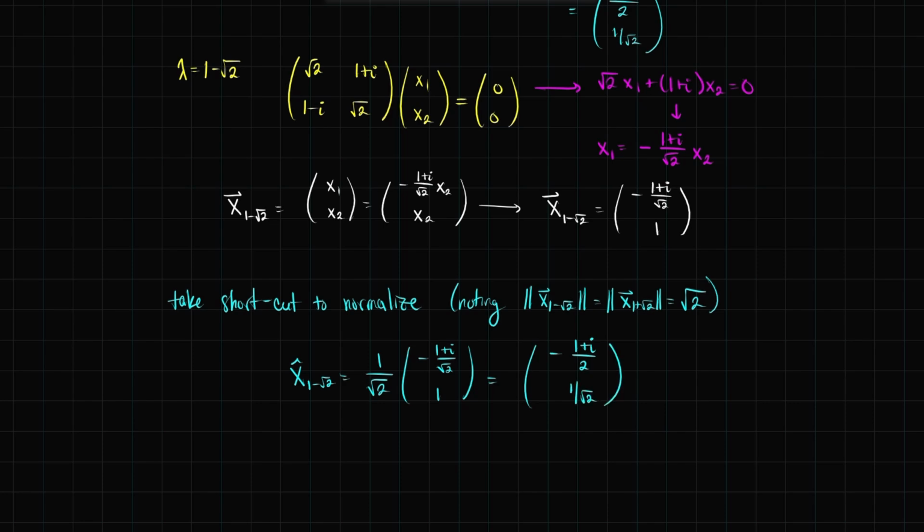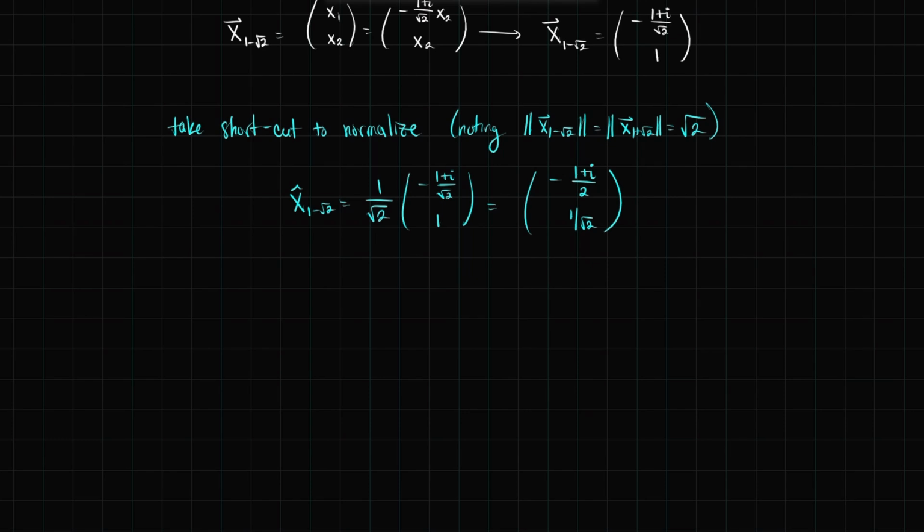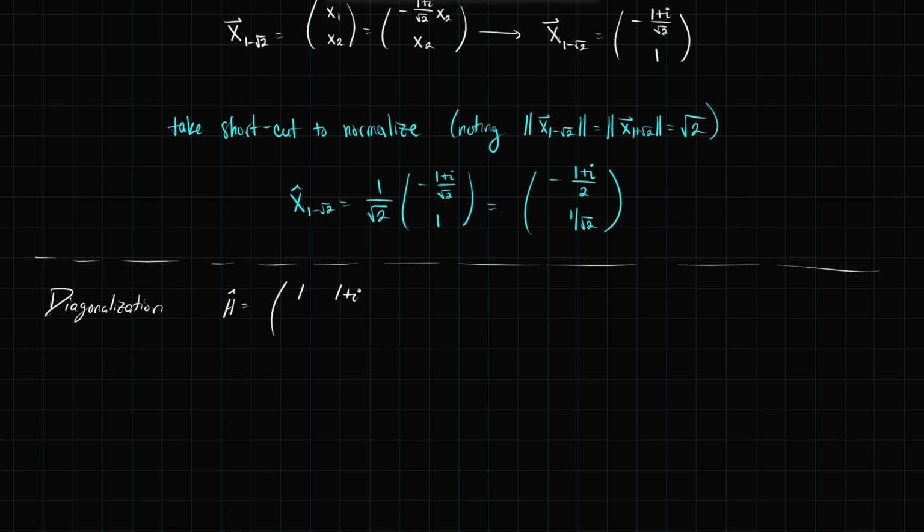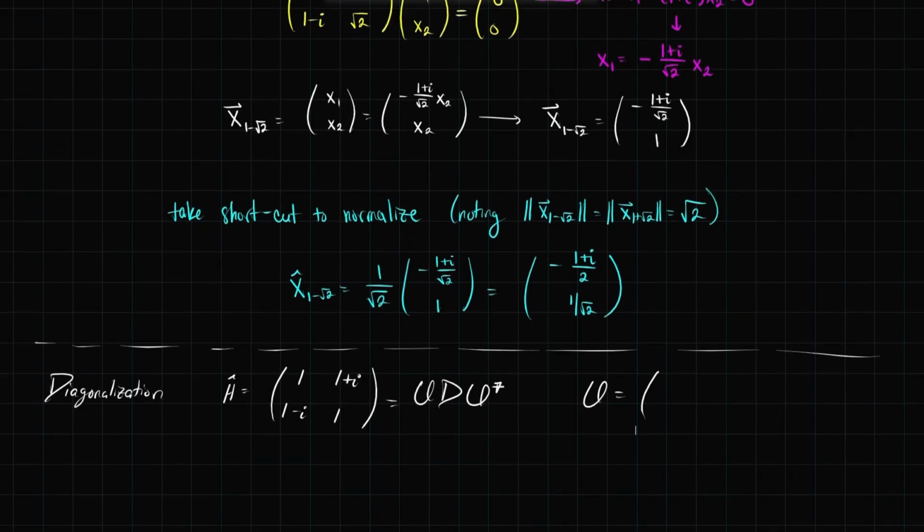Okay, so that means when I get to producing the unitary matrix for diagonalization, I have my Hermitian matrix, which was 1, 1 plus i, 1 minus i, and 1, will be the unitary matrix, and then the diagonal, and then the unitary adjoint. The unitary matrix will just be my two eigenvectors that I have above, the normalized ones though, right?